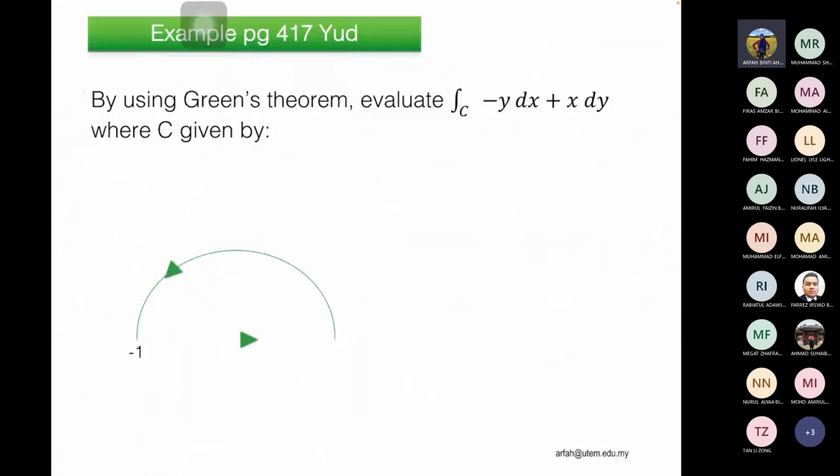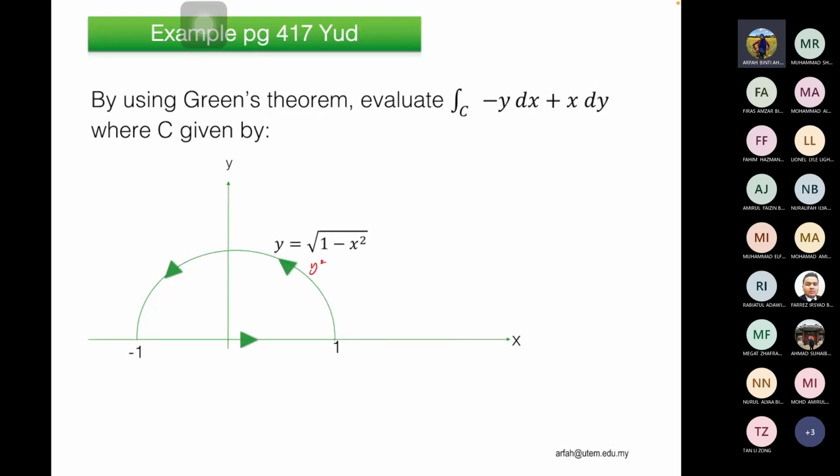Okay. By using Green's theorem, evaluate integration over the curve C of negative y dx plus x dy where C is given as in the figure. Okay, so awak ada C adalah anti-clockwise rotation daripada 1 ke negatif 1, it rotates on the line of y sama dengan square root 1 tolak x squared.